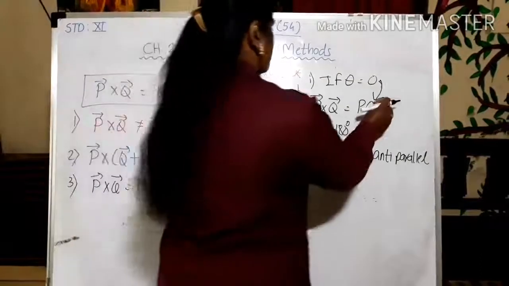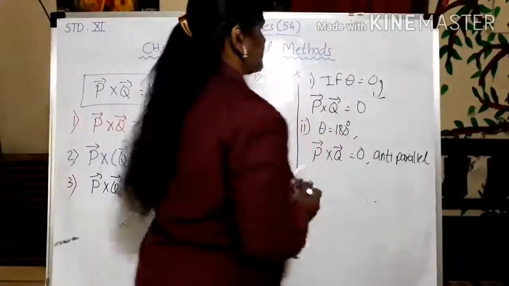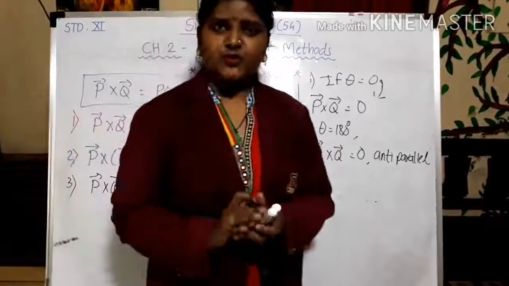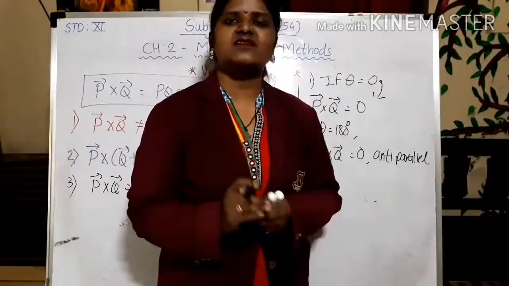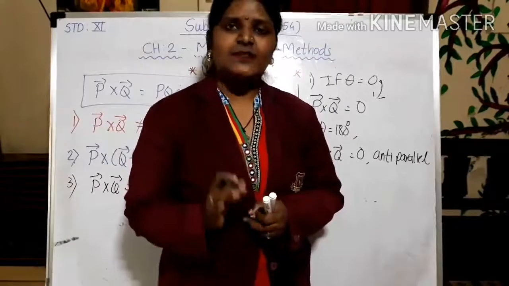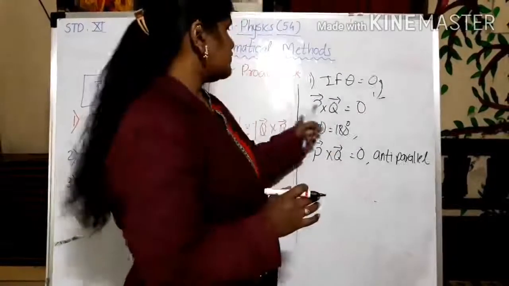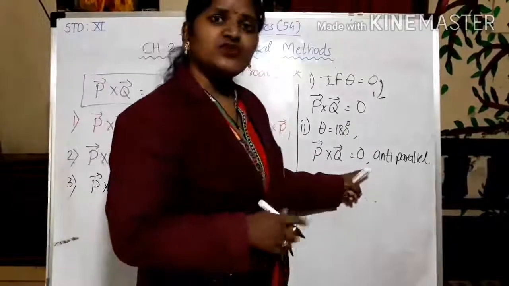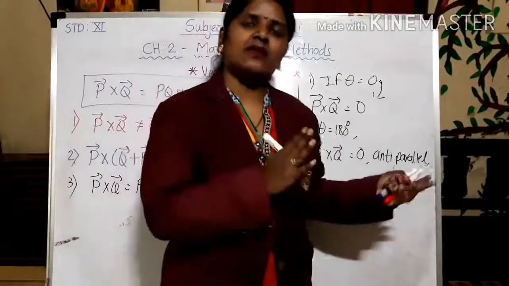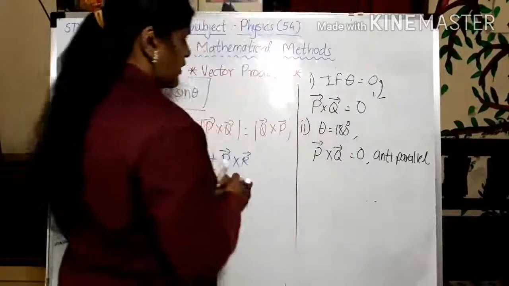So if theta is equal to 0, then p bar cross q bar should be equal to 0, because sin 0 is 0 itself, and sin pi, that means sin 180, is also 0. So p bar cross q bar is 0 in both cases, whenever it is parallel and whenever it is anti-parallel. Now the next one.